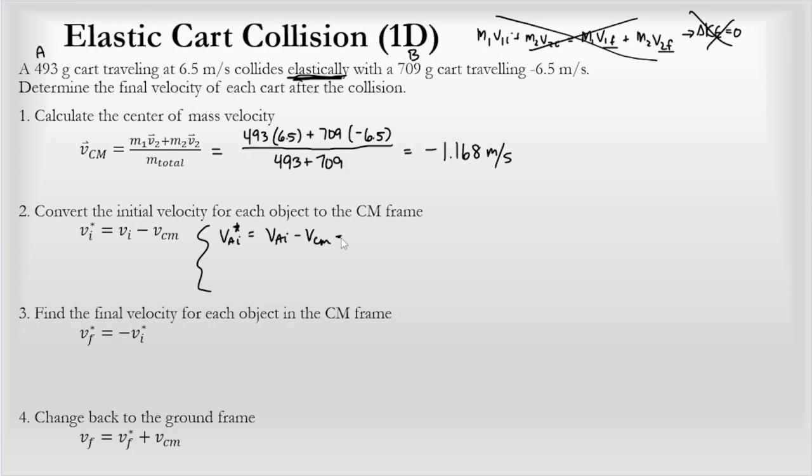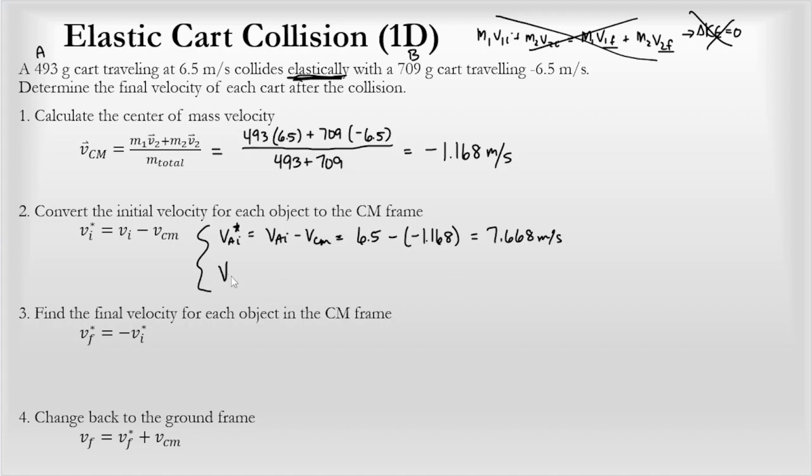So 6.5 minus negative 1.168. You can see that I've got a double negative here, so I'm going to end up adding them together, and that's 7.668 meters per second.